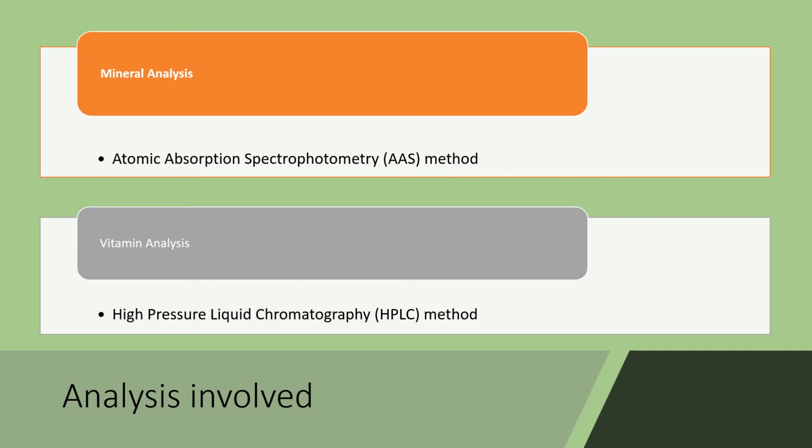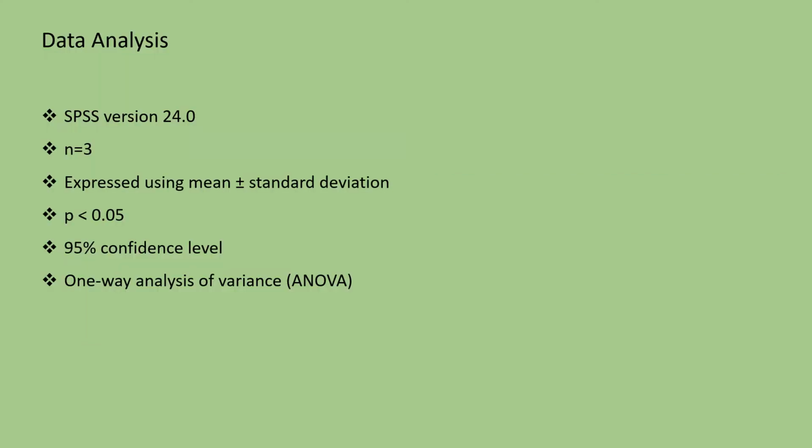For the mineral analysis, it is determined using atomic absorption spectrophotometry method or AAS method, while for the vitamin analysis, high pressure liquid chromatography method or HPLC method is used. For the data analysis, it was analyzed using SPSS version 24 and one-way ANOVA was applied to compare means of minerals and vitamin between the 3 types of spinach.